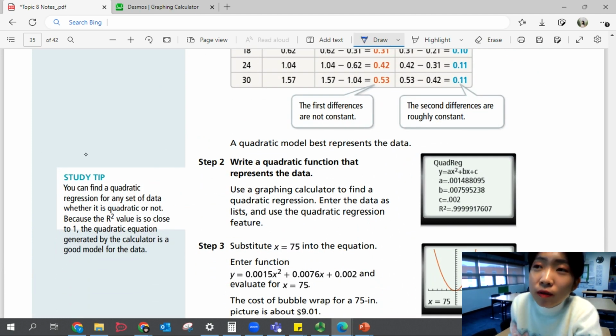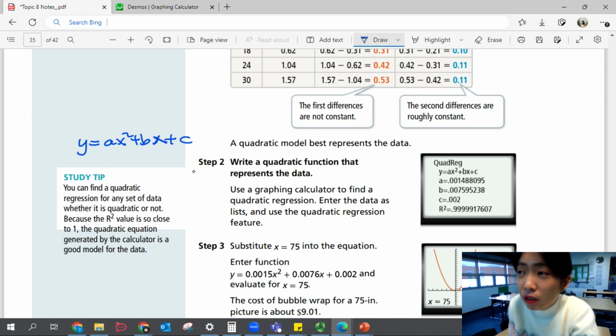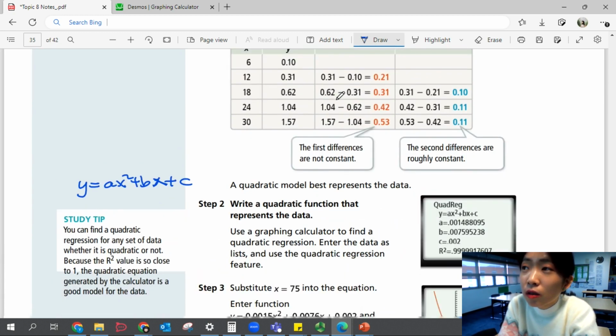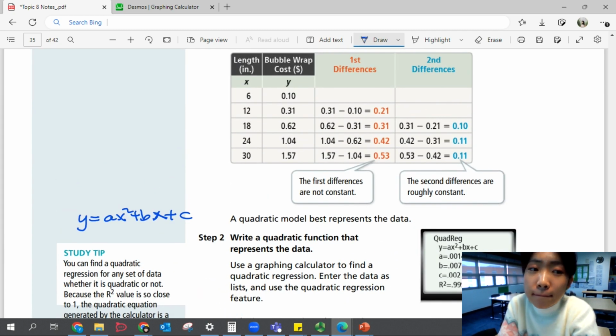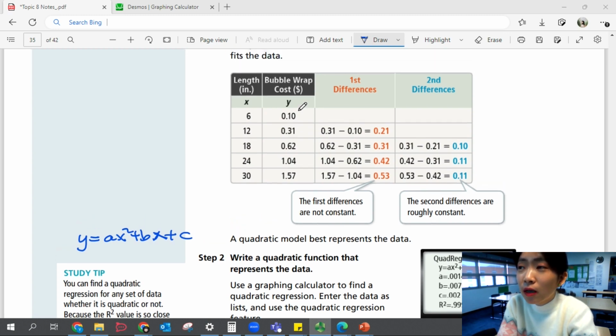Do you remember the form of a quadratic function, y equals ax squared plus bx plus c? Using that form, you'll figure it out using the points. If you have a vertex, that would make it a lot easier.